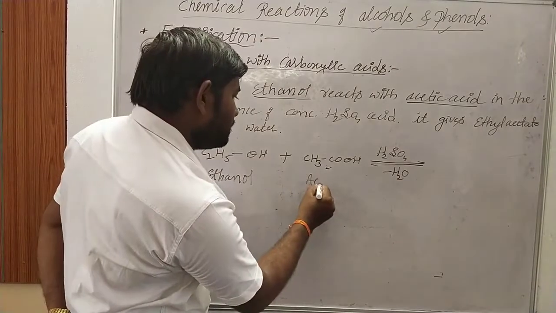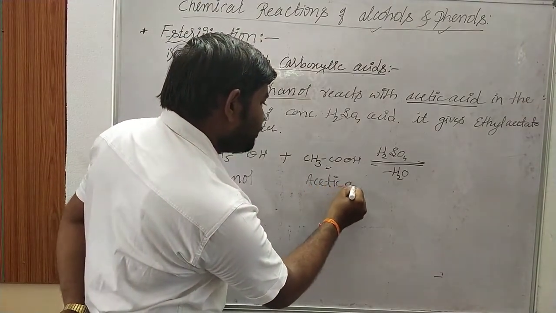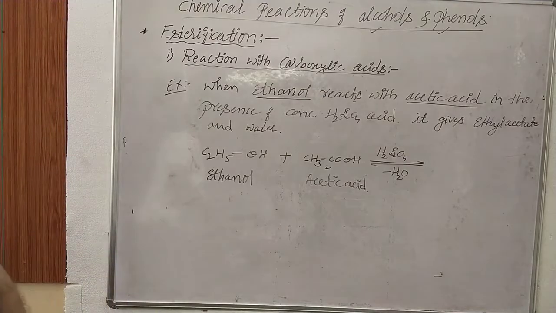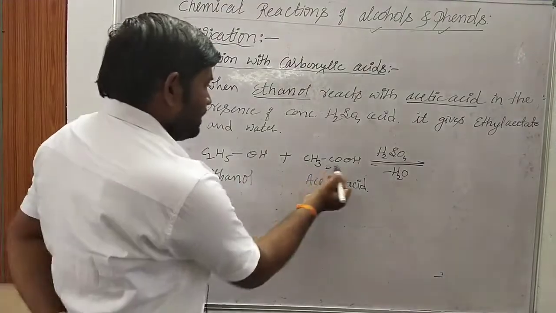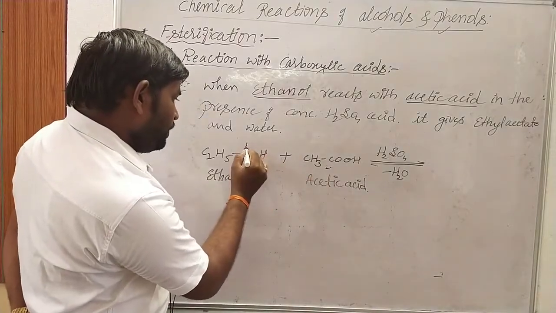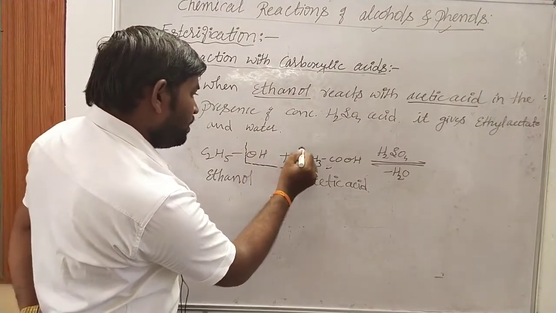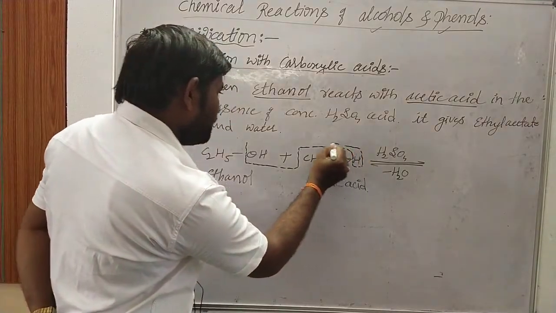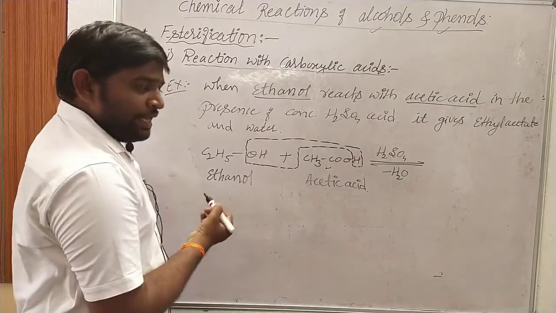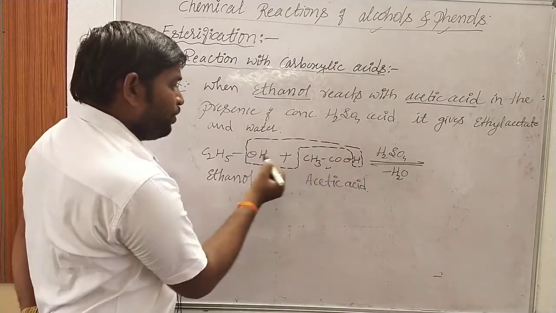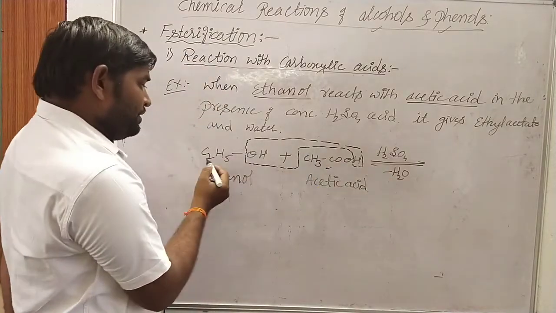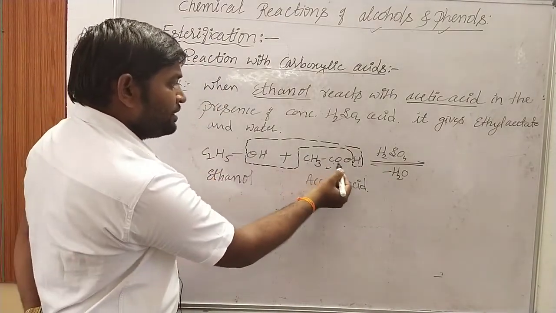This is acetic acid. So what happens? Here the elimination of one water molecule takes place between these two molecules. The OH is removed from the ethanol and the hydrogen atom is removed from the acetic acid, which leads to the formation of OH and H, that is H2O. So the remaining parts are C2H5 and CH3COO.